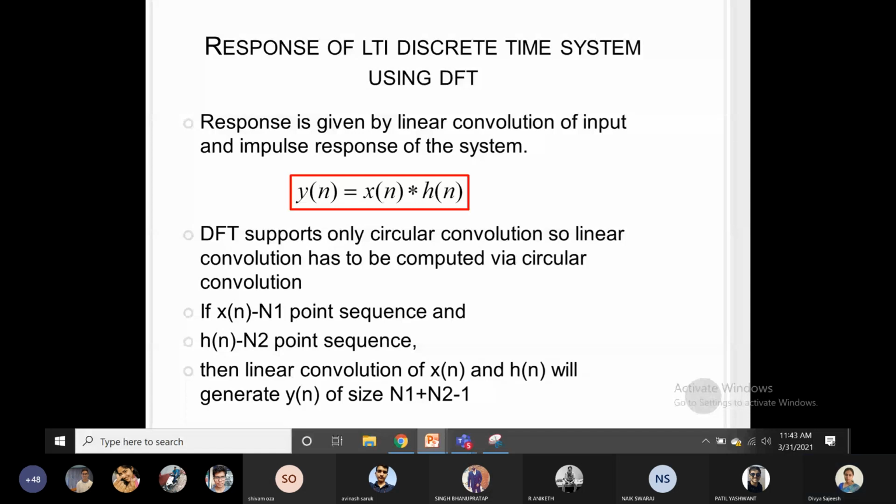Then the linear convolution of x of n and h of n will generate y of n with a size n1 plus n2 minus 1. This property also we have learned earlier. The length of y of n will be equal to n1 plus n2 minus 1, so by linear convolution the output will have a length of n1 plus n2 minus 1.